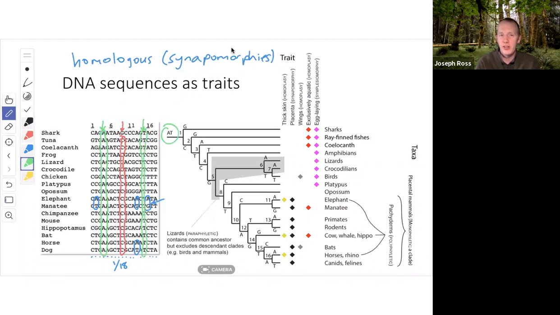That tells us that we're actually looking at the same parts of the same chromosomes of all of these species. They do actually still have some shared nucleotides in common, even over millions of years of evolution. And those are called uninformative, even though they're actually useful to see.